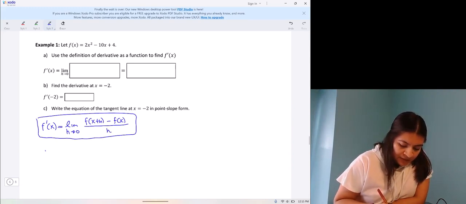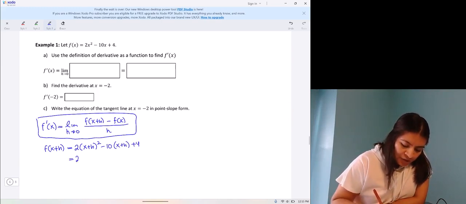Let's find f of x plus h. That is 2 parentheses x plus h squared minus 10 times x plus h plus 4. From the previous page, I know that x plus h squared is x squared plus 2xh plus h squared.